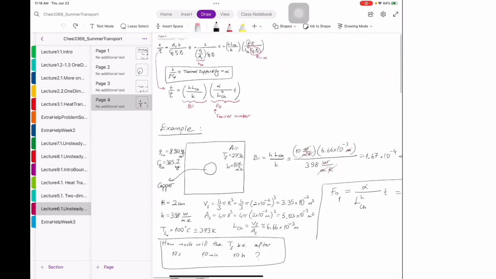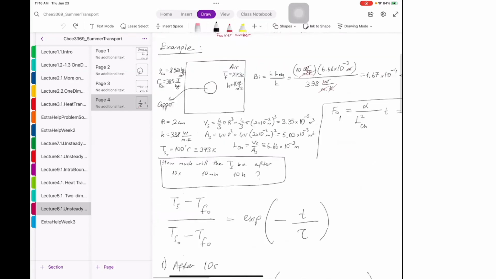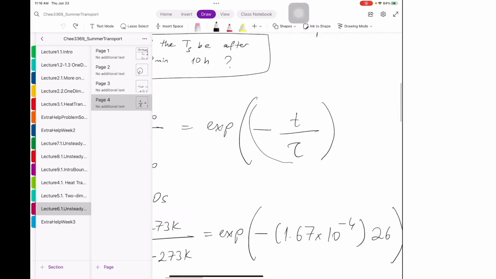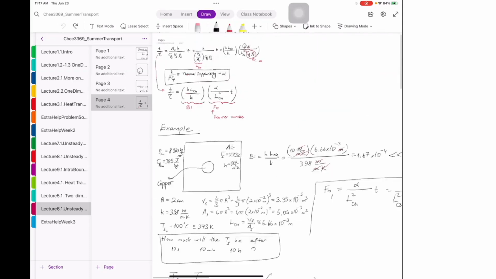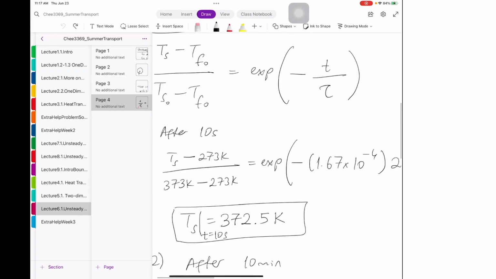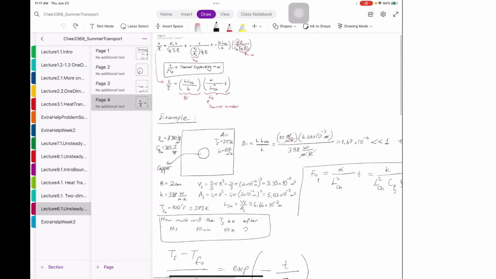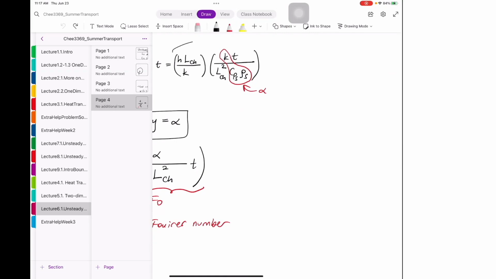You can also think of it as this part, the right-hand side within the exponential, this tau. Basically, you can calculate it from here. So, in other words, it's going to be the exponential of minus this thing.